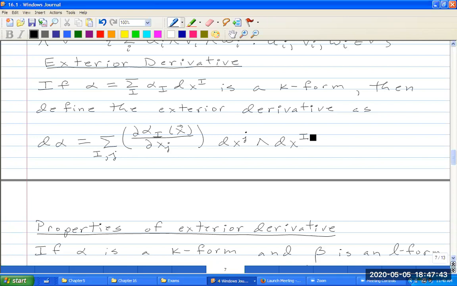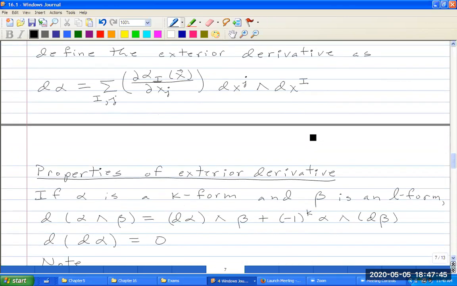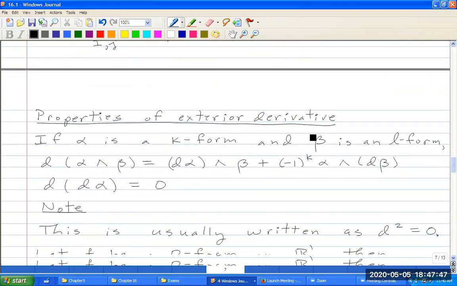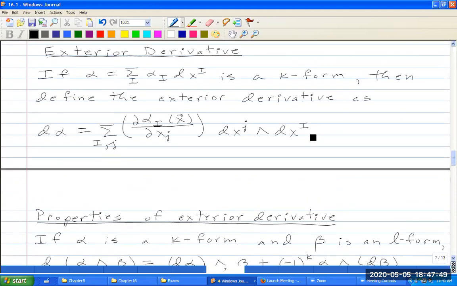Let me give you some properties. Even though I've only given you barely any definitions, because the definitions are particularly horrible, I won't really give you all the definitions.